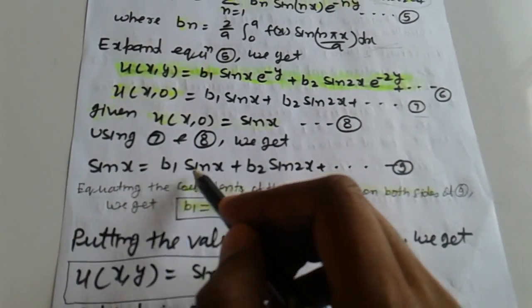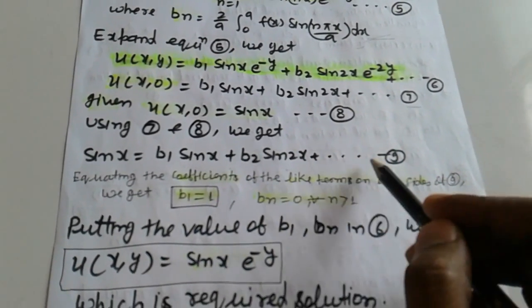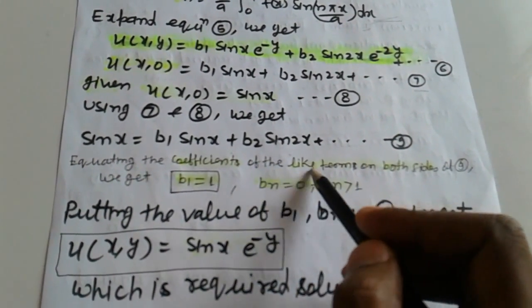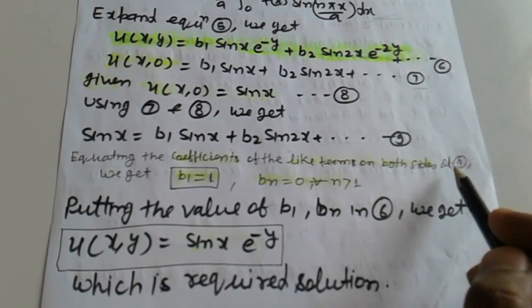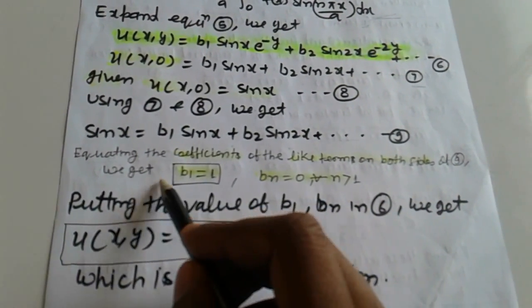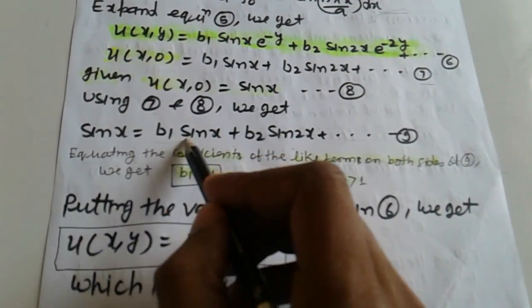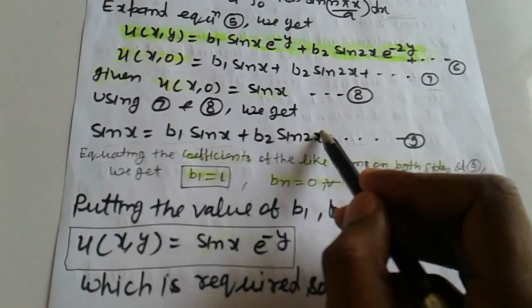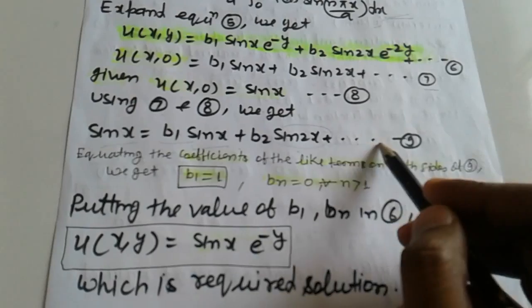Using 7 and 8, sin x equals b1 sin x plus b2 sin 2x and so on, equation number 9. Equating the coefficients of like terms on both sides of 9, we get b1 equal to 1. Here like terms means the coefficient of sin x, the coefficient of sin 2x and so on.